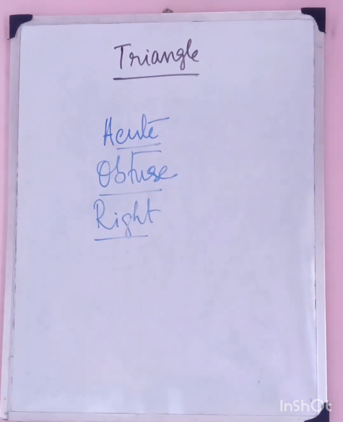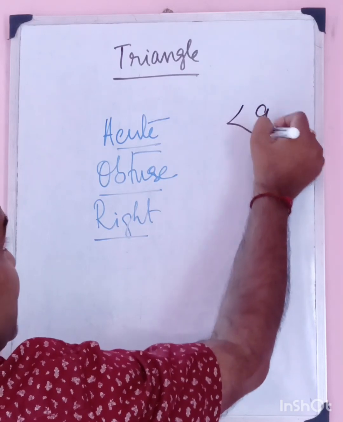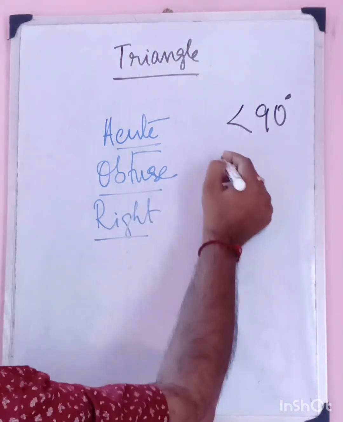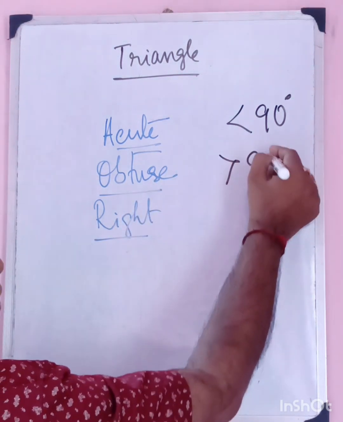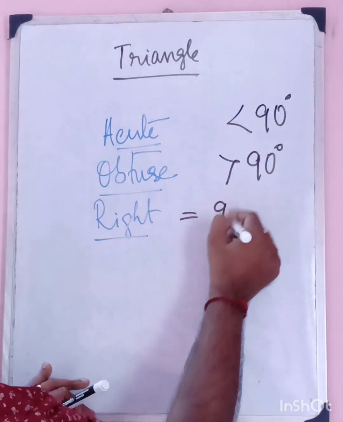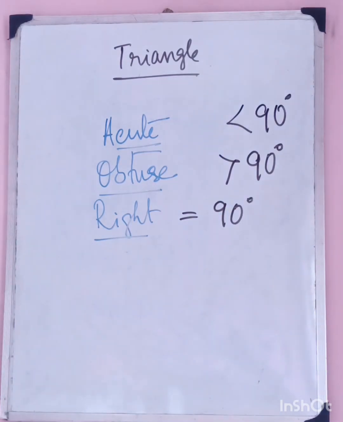What is acute angle? The angle which is less than 90 degrees is acute angle. What is obtuse angle? Angle which is greater than 90 degrees. And what is right angle? Which is equal to 90 degrees.